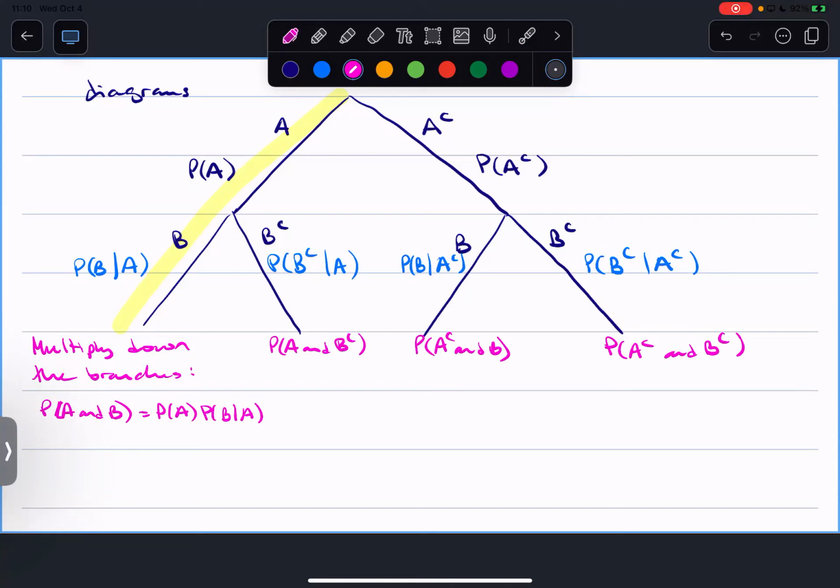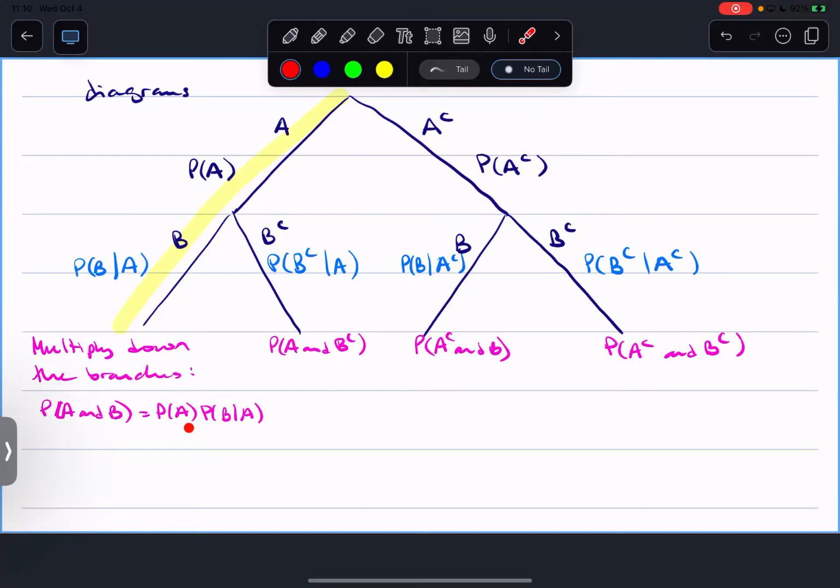Usually we want to find things like, well, what's the probability of B, right? Well, B happened going down this first branch or going down the second branch, right? Whenever you're saying or, you're adding those probabilities.